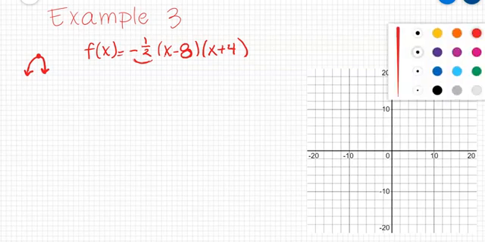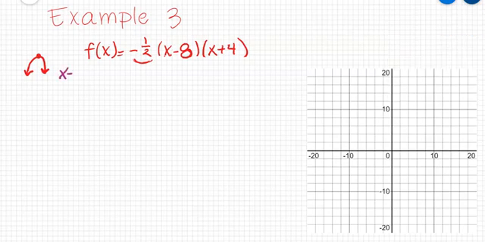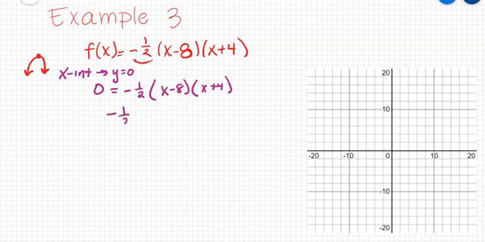So let's get to it. Let's find our x-intercepts, and our x-intercepts are pretty much already there. We will need to have all of our y's equal 0, so we set this equal to 0. We have negative 1/2 times x minus 8 times x plus 4, and we put each part equal to 0, and solve.